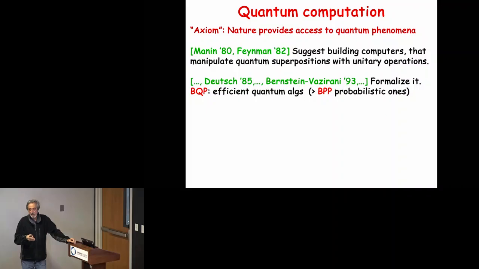We know that it is at least as strong as probabilistic machines, but we don't know the power of these quantum algorithms. And then people tried to see what kind of problems can be solved efficiently in this model. After a few small examples, there was this earth-shattering event where Peter Shor proved that in this model you can efficiently solve both factoring integers and computing discrete logarithms.